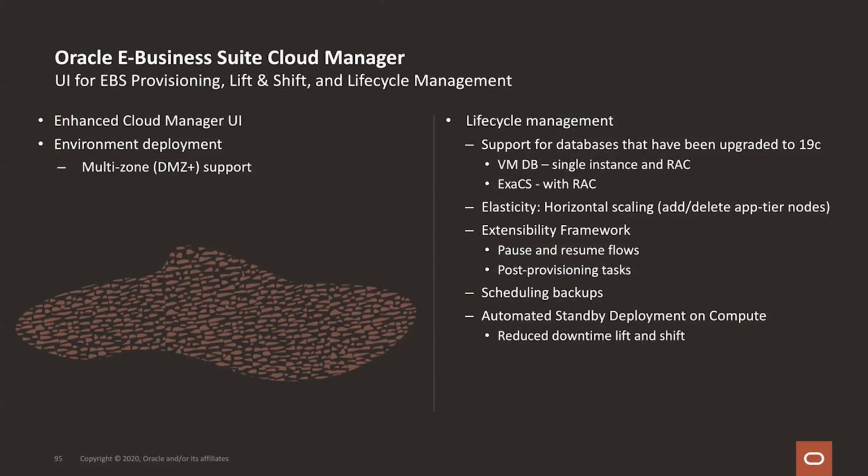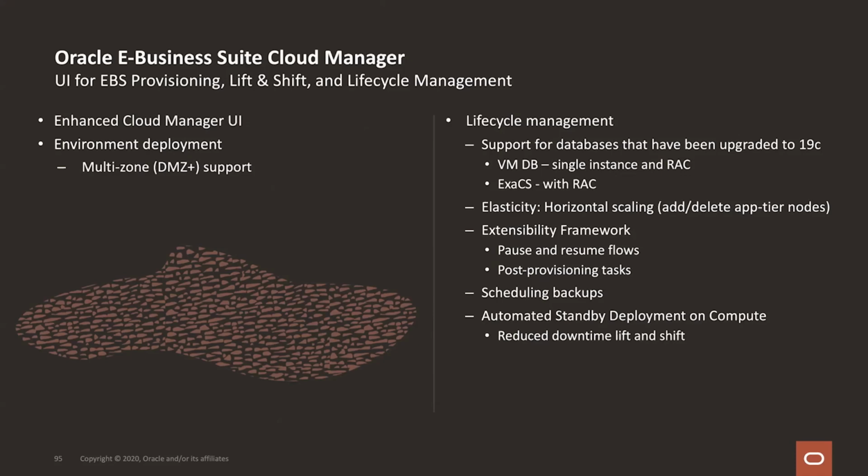And the ability to do a reduced downtime lift and shift, which means that you essentially use something like a disaster recovery setup. So you have a running system on premise, and you keep it very closely synchronized with a system running in the cloud, and then you can take an outage in the system on premise, let that synchronization catch up, and then pick back up and reopen the system on the cloud.